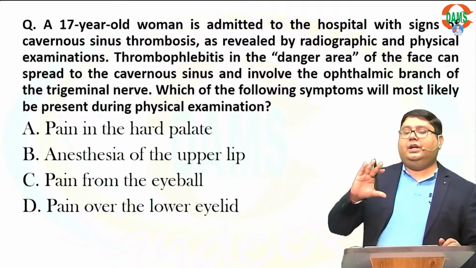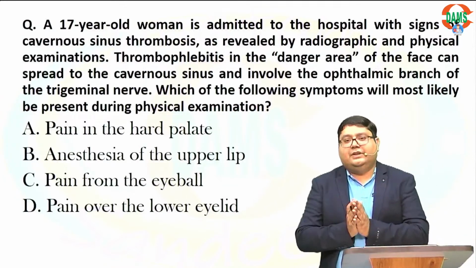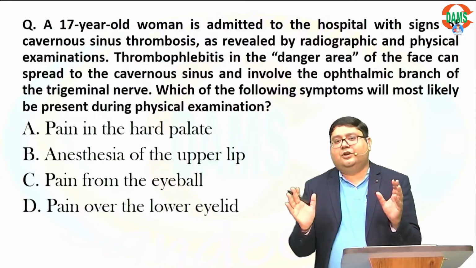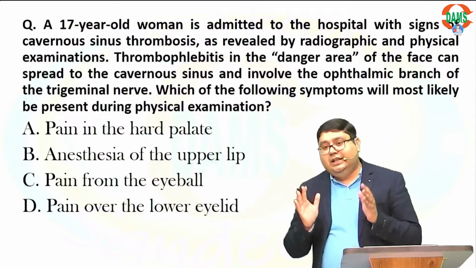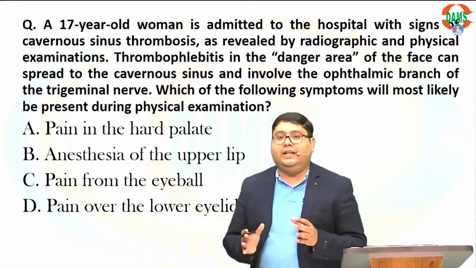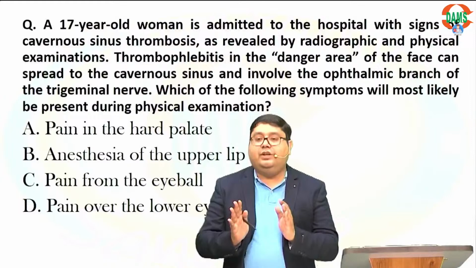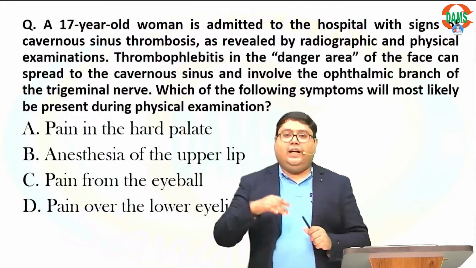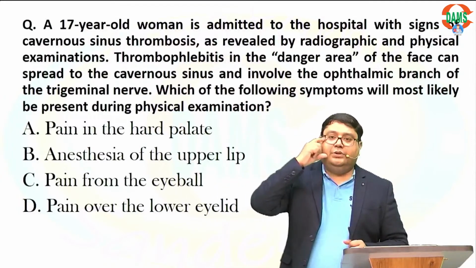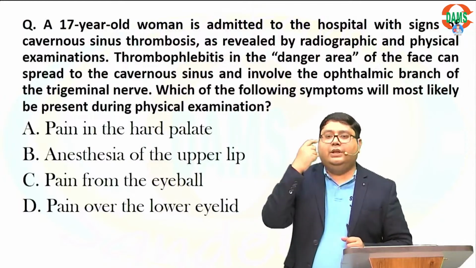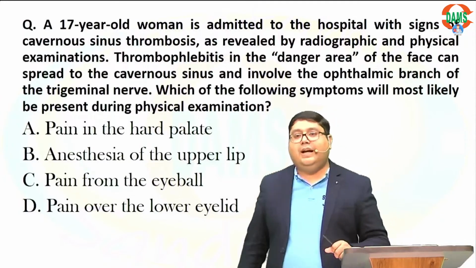So now understand this. This type of history, they are talking about the cavernous sinus thrombosis, correct? But then in the cavernous sinus thrombosis, they are specifically saying this has involved only V1 fibers. So we have to see only V1 distribution will be affected. I told you from the lower eyelid to the upper lip, this area belongs to the maxillary nerve.